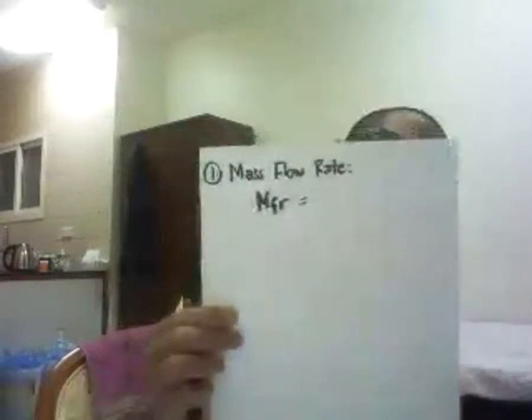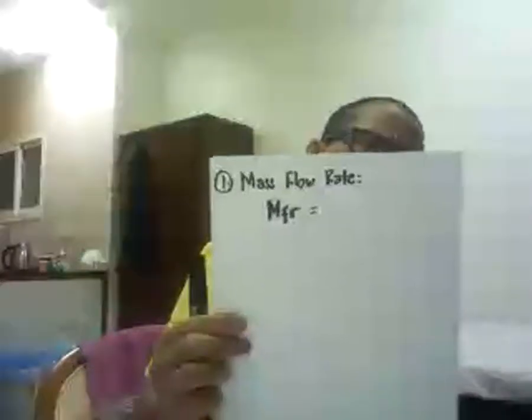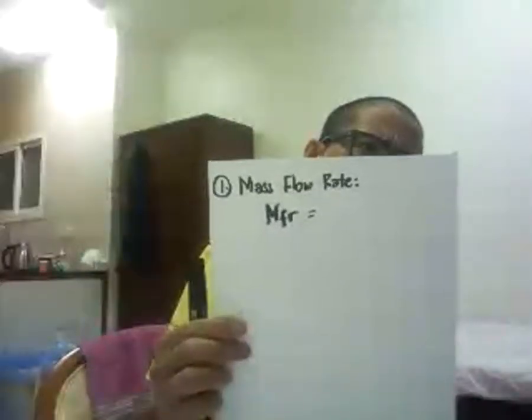It could be in kilogram, gram, pound, or tons. So let's have an acronym to denote it, to make it understandable: MFR. MFR is an acronym for mass flow rate.